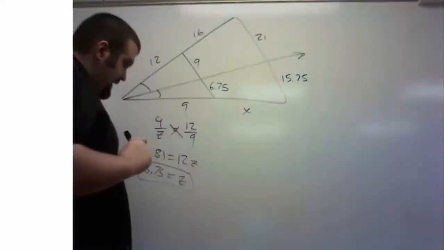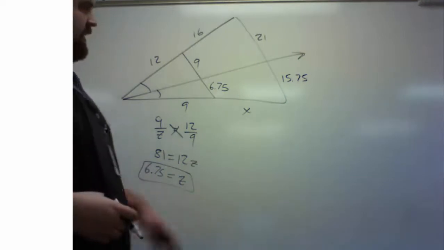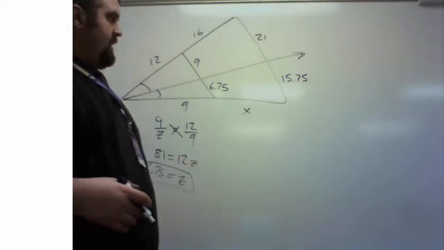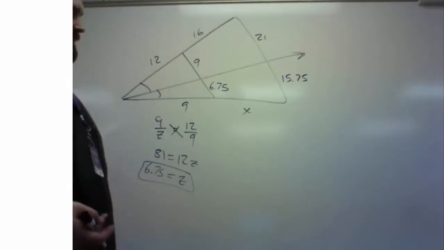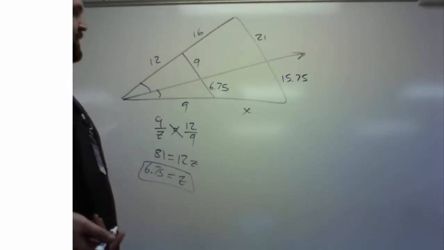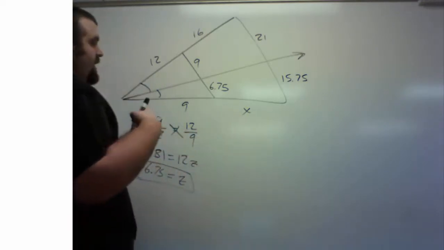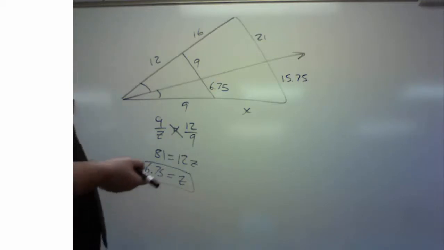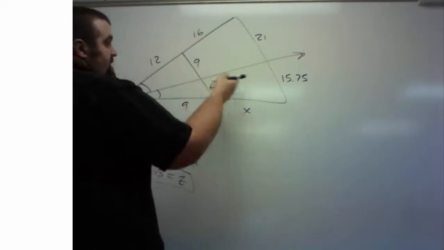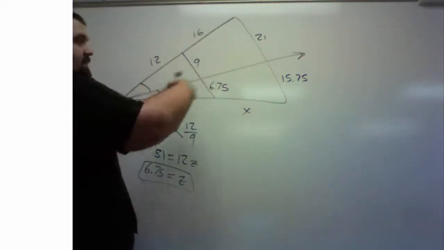Alright, I realize that it makes this side a little bit difficult to do if you don't have this here. So I'm going to give you y. It's 15.75. Okay? Now, if I'm trying to look for this side, I have to be able to set up a ratio of 2 corresponding side lengths of 2 similar triangles. I don't know if these lines are parallel. However, I do know that this is an angle bisector.